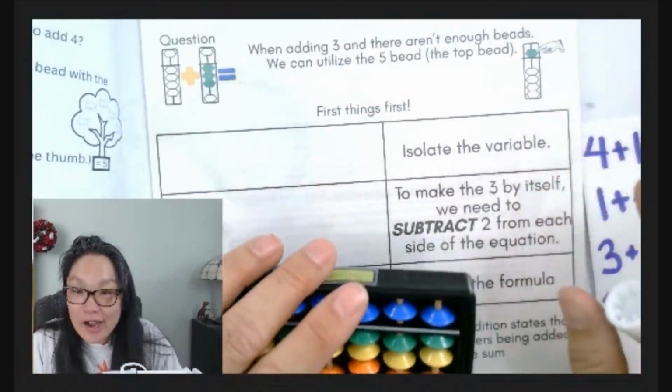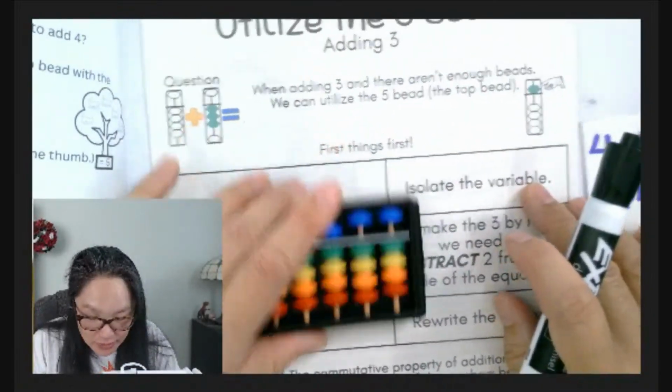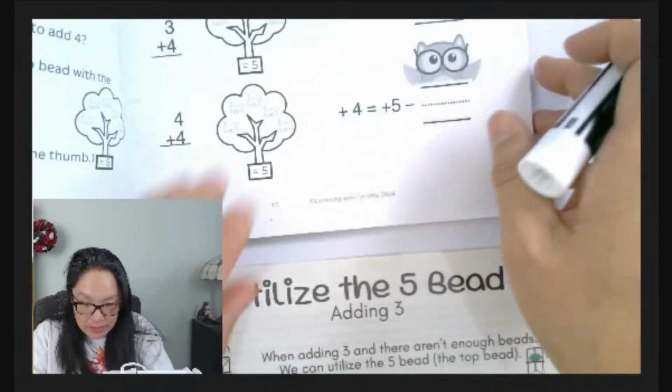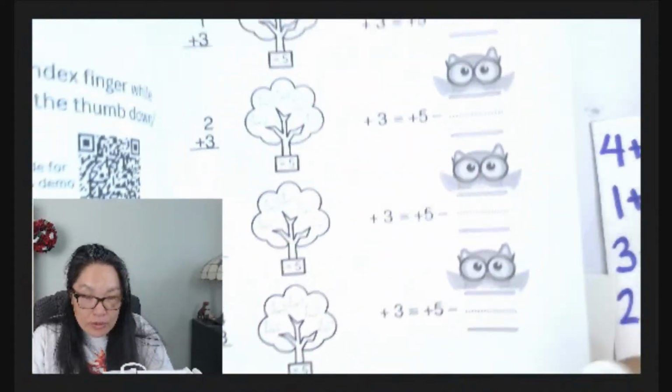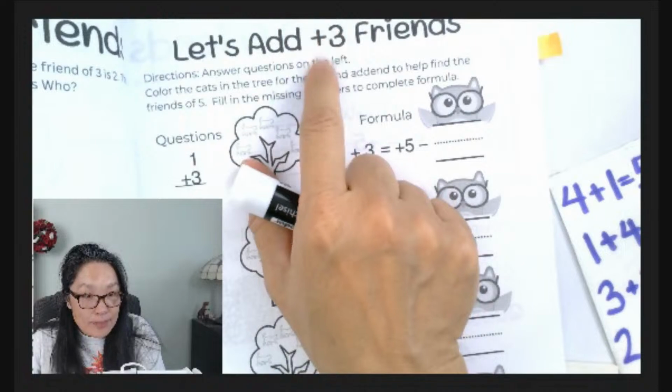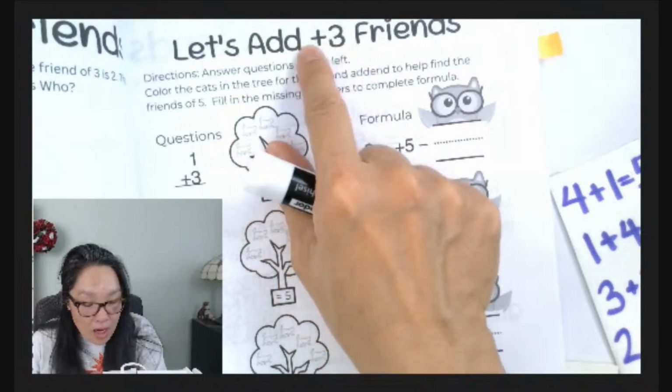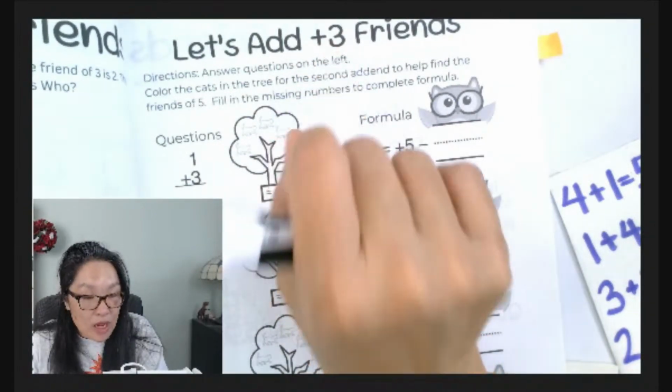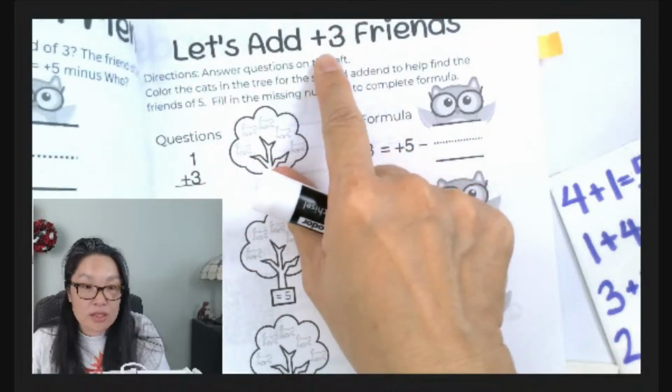All right, so 3. How do we do 3? Same thing. Let me move to another page. Because remember, we always focus on the add-in. We focus on what we're trying to add. We're not focusing on the result. We focus on the add-in.